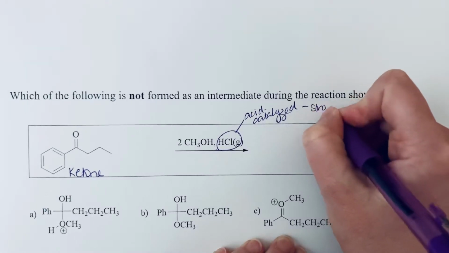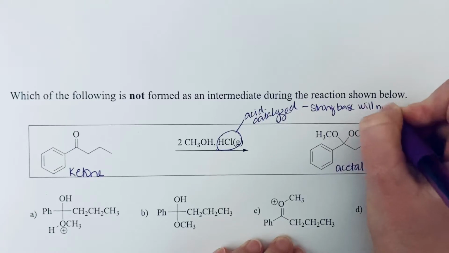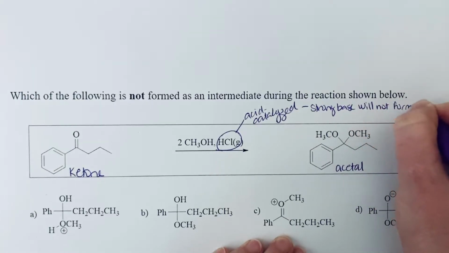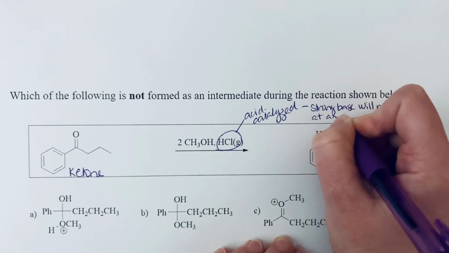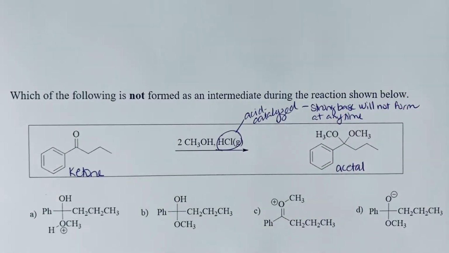So a strong base will not form at any time because it's just not compatible with lower pH values. So what we typically see when we have acid catalyzed processes is we see positive charges, we see neutral charges. We don't see negative charges unless it's something like the chloride ion, which is essentially a neutral ion.